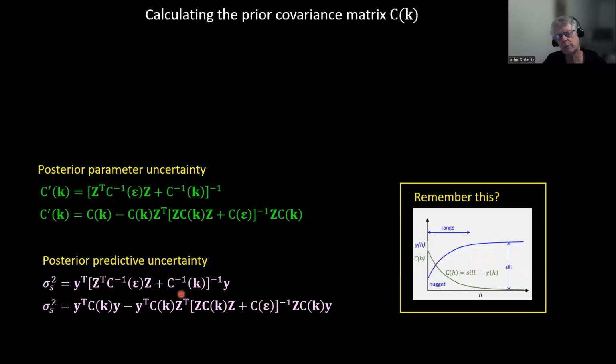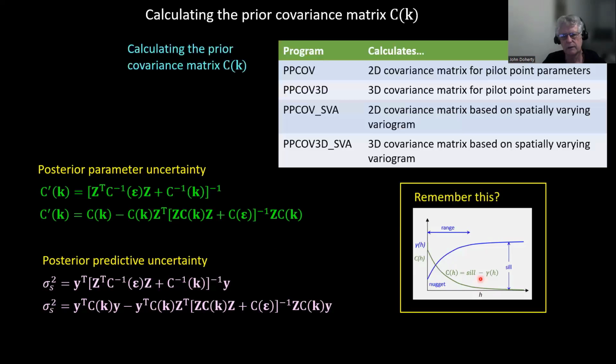Remember way back in webinar 1, we said if we're prepared to accept that the prior spatial covariance of parameters is dependent only on the distance between them, then I can very easily calculate a covariance matrix from a variogram. There are utilities available through the PEST and PESTPP suites which will do this for you.